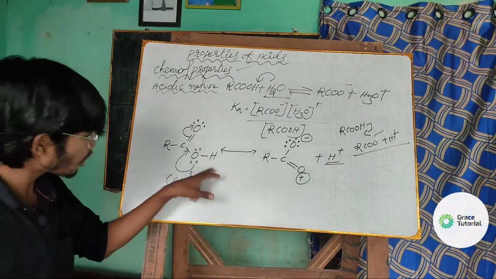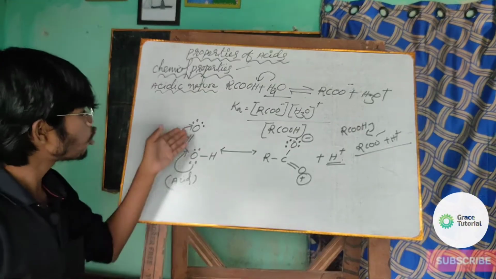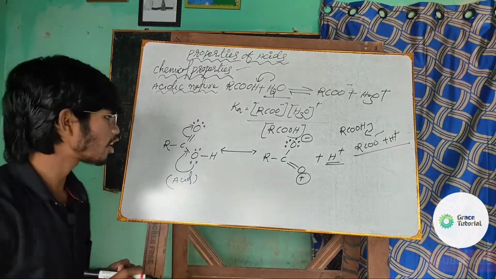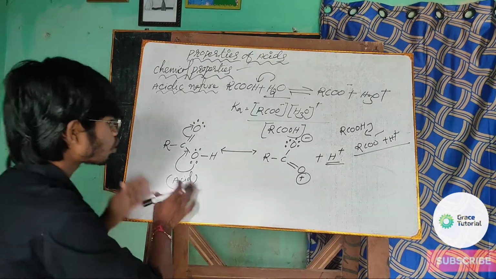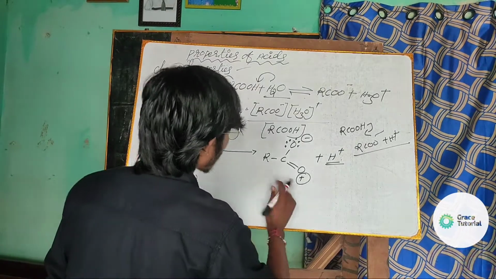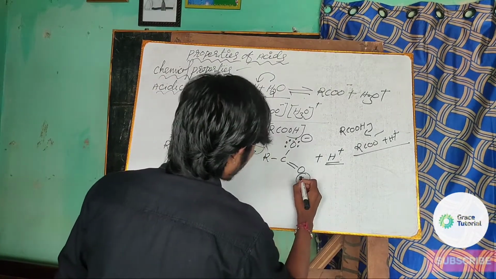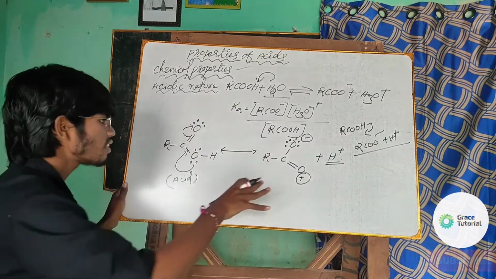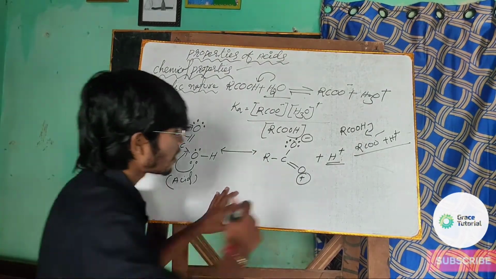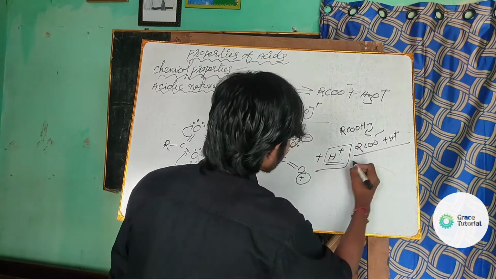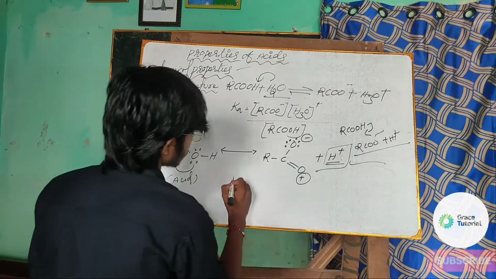We have RCOOH, and the oxygen atom has a lone pair of electrons, and due to the resonance, it forms the carboxylate ion, wherein the positive charge is created on the oxygen atom since it loses the pair of electrons, and finally it releases a proton. That's why it behaves as an acid.